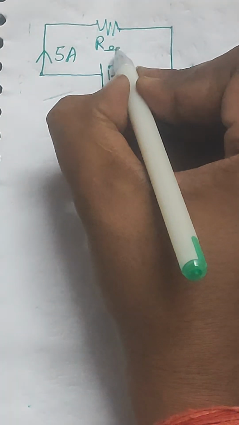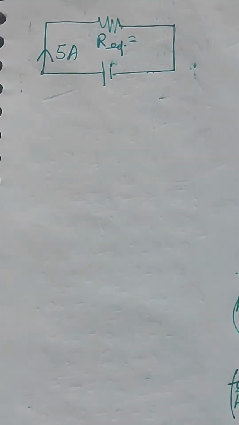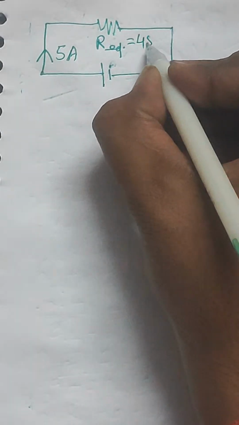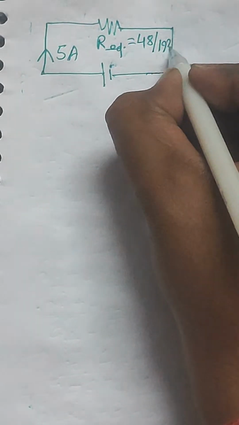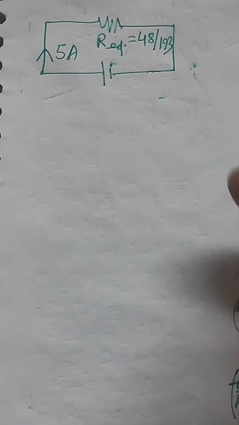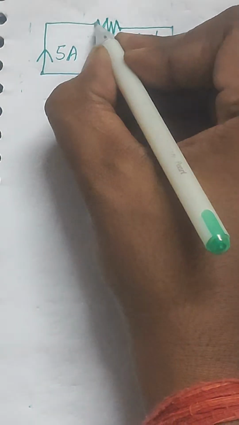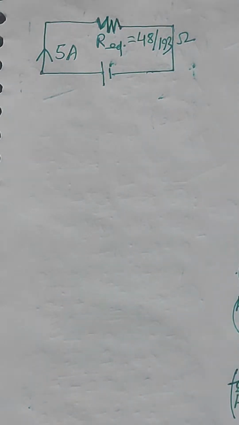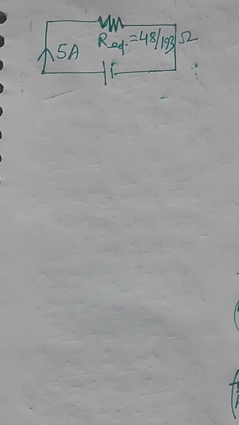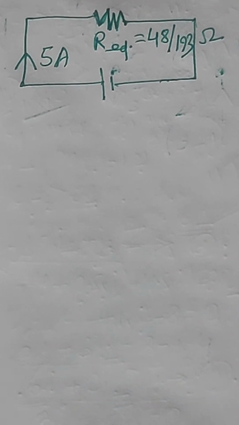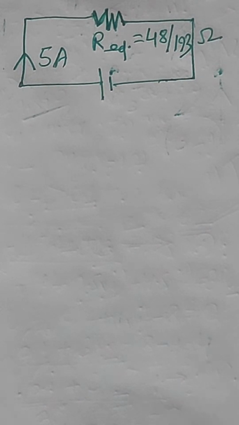Here the value of R equivalent is calculated, that is 48 by 193, right? So this much ohm is the resistance of this equivalent resistance due to these three parallel connected circuits, right? Now from here let us start.